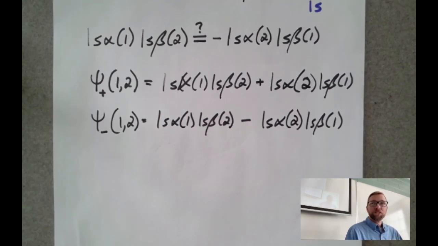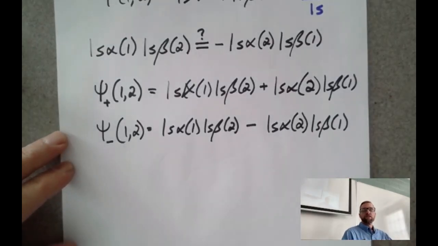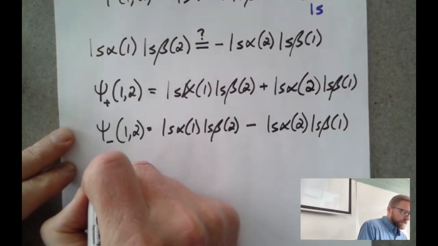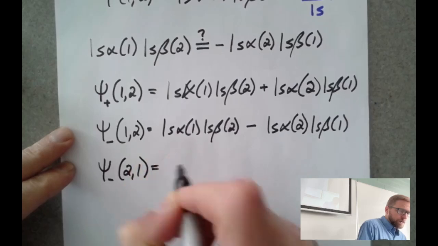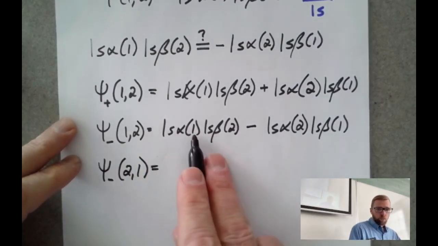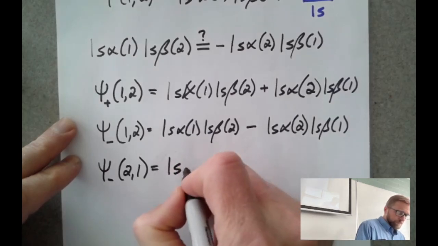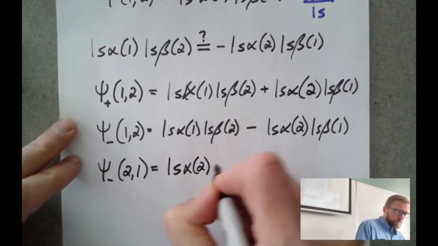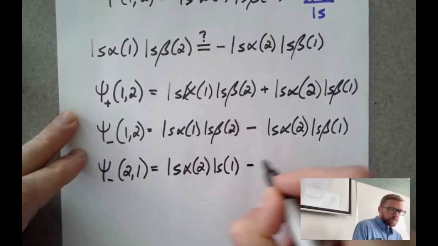Let me demonstrate why psi minus is anti-symmetric. Okay? So this is psi minus. Let's write this out right below it. We're going to write out psi minus(2,1). So everywhere I see a 1, I'm going to replace it with a 2, and everywhere I see a 2, I'm going to replace it with a 1.